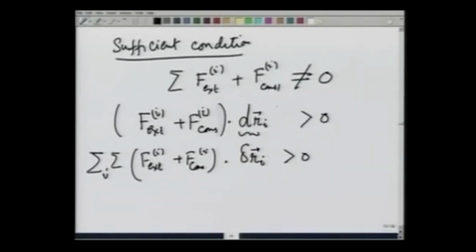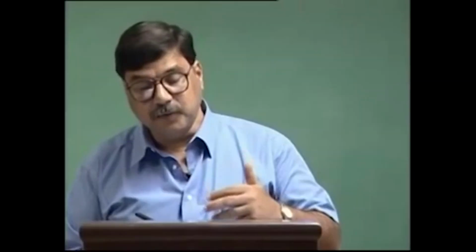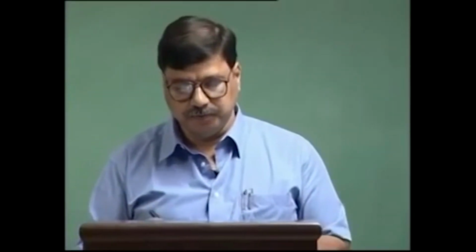If the work vanishes, that means that this sum must be 0. Again, we are going to use the fact that the work due to constraint forces is 0, and therefore, again, summation of F external i dot delta Ri is greater than 0. Applying the same argument, if this is non-zero, the system is not in equilibrium; if this is 0, the system must be in equilibrium. So, that proves that it is also a sufficient condition.